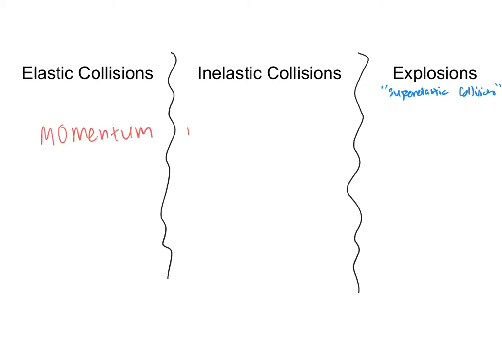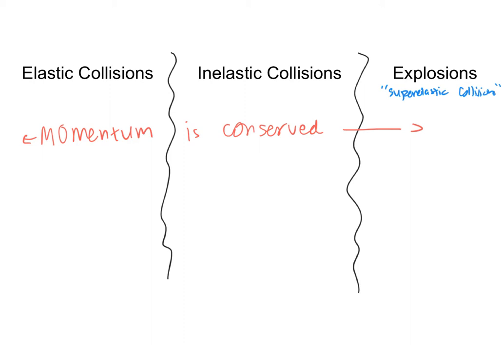So the law of conservation of momentum is true for all of our types of collisions. So I'm going to write that across all three columns. If you're trying to copy this table on your own, you may want to make it a little prettier, you might want to center things a little better than I did.